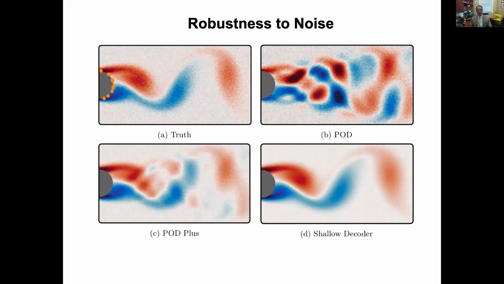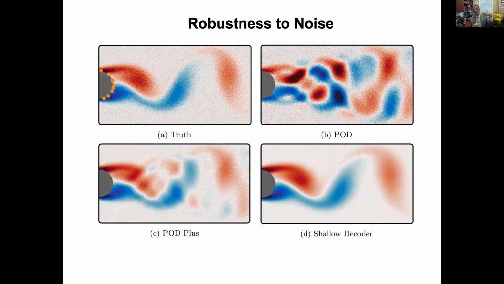Here's the other thing. Here's, in some sense, the result of this. What you're seeing on the top left, you see where the orange dots are? I give you measurements there. What the actual flow field looks like is to the right of it, but you don't see that. What you have to do is figure out, can I reconstruct that from the measurements at those orange balls?